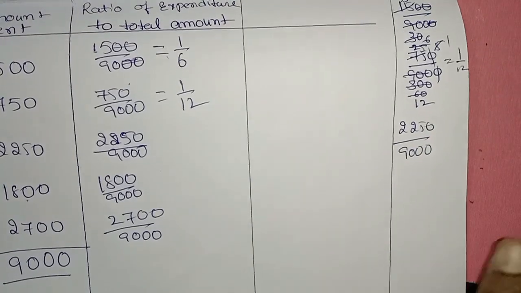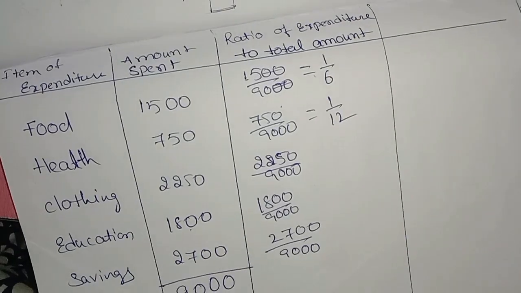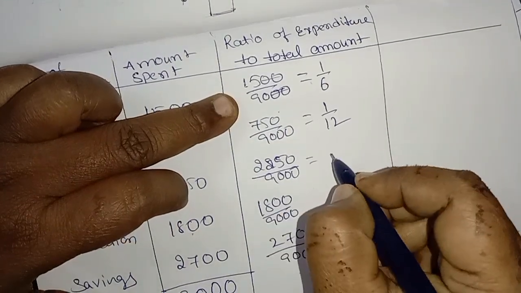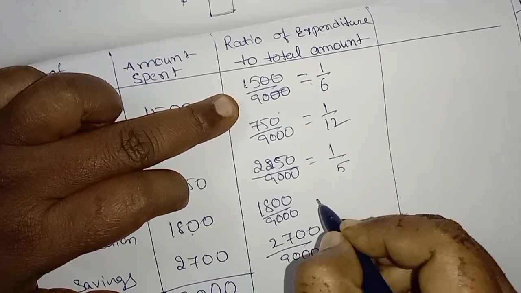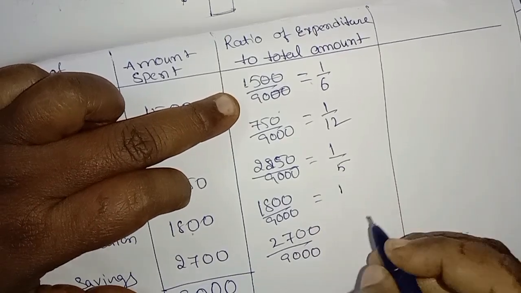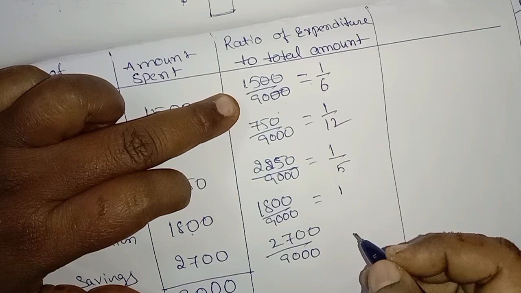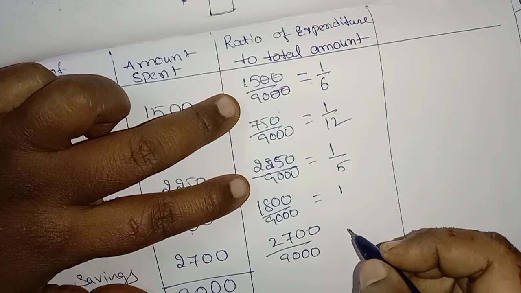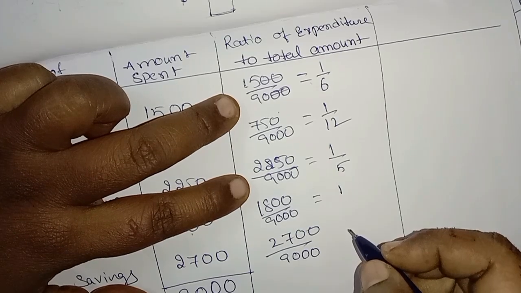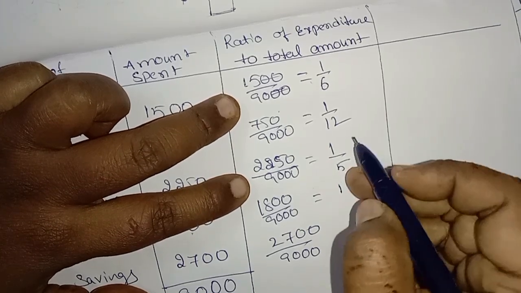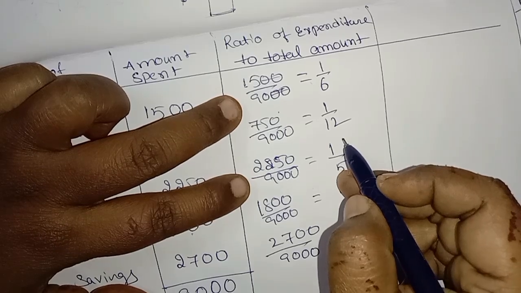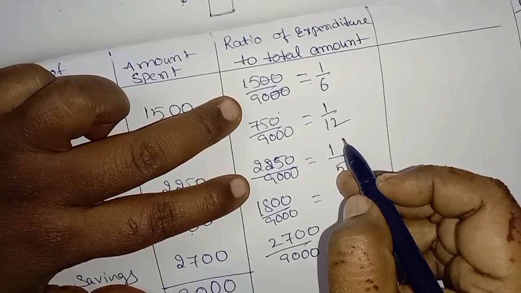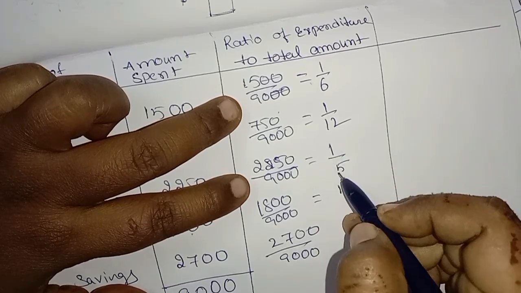So after all we will get different values. You do on your own, try on your own. 1 by 5 you'll get here, 1 by 6, 1 by 12, okay, 1 by 5, correct?